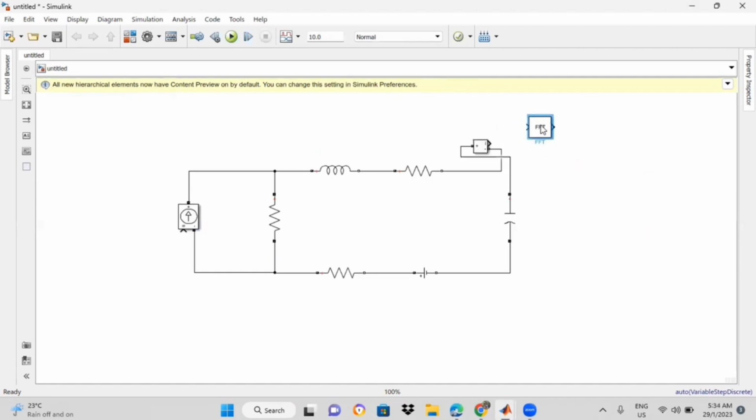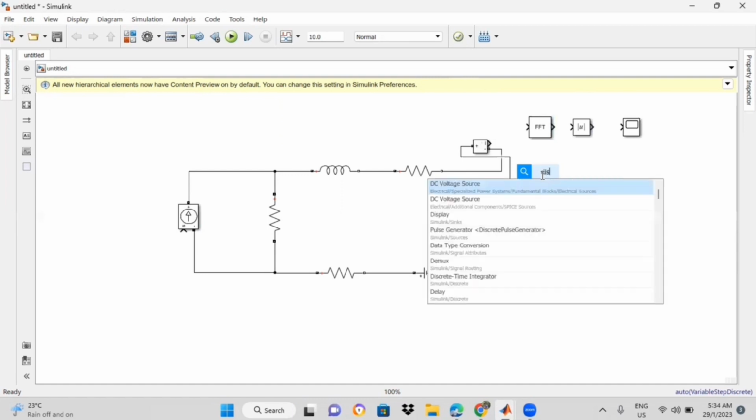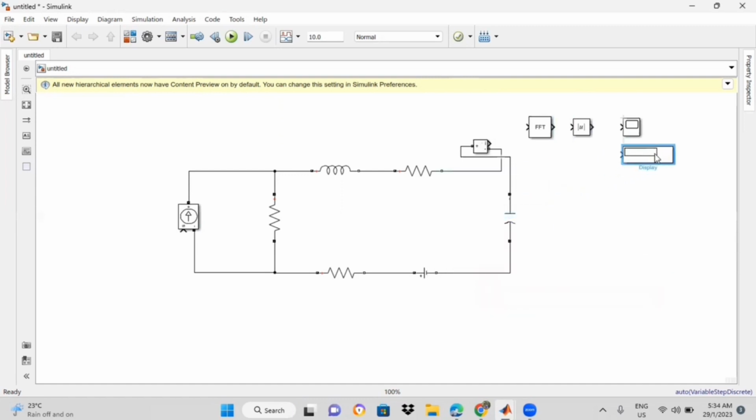And then we put FFT and ABS, as well as the scope and also the display. These two components are to make sure we can observe the graph of the current and the value of the current easily. Okay, then we connect the components.